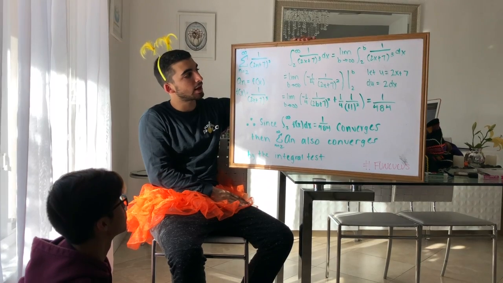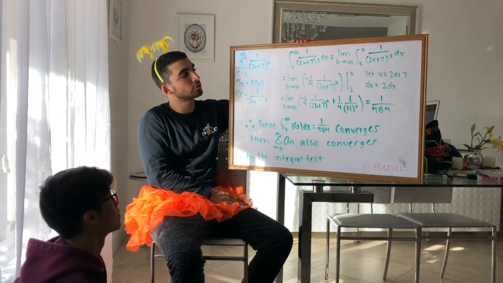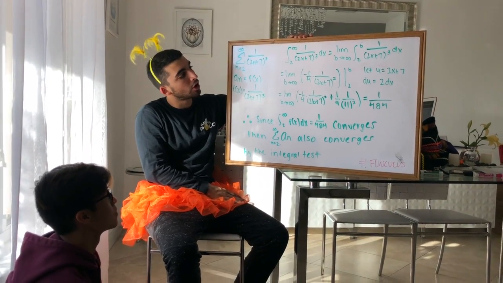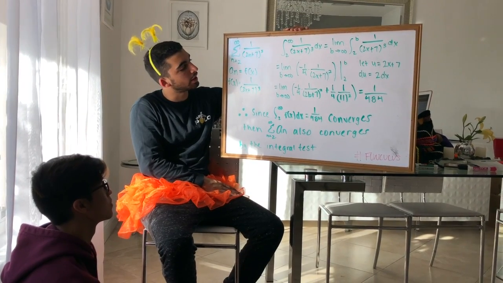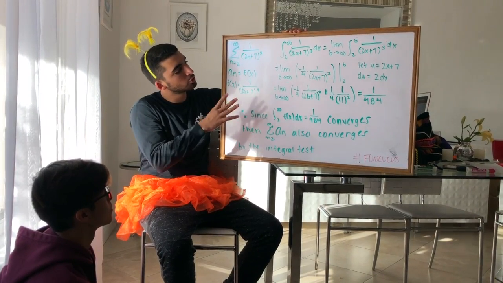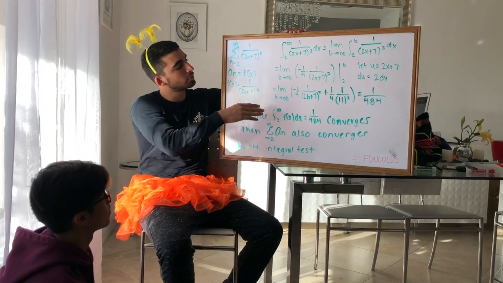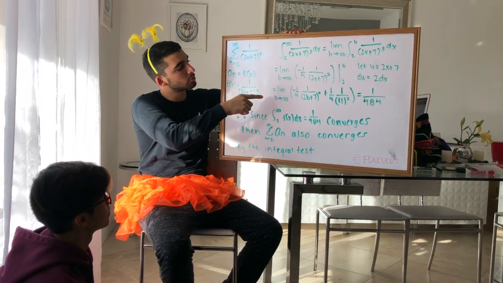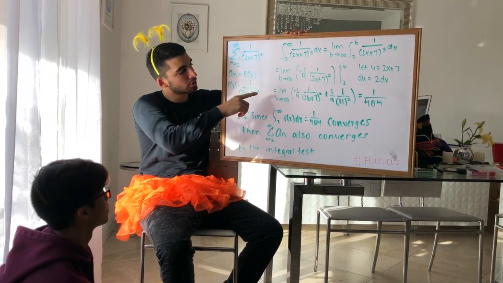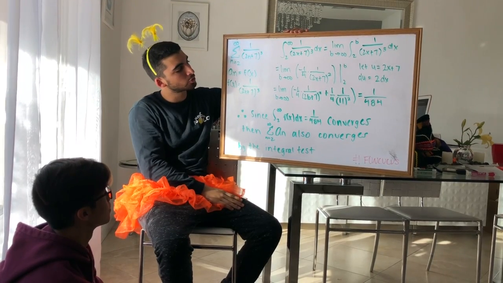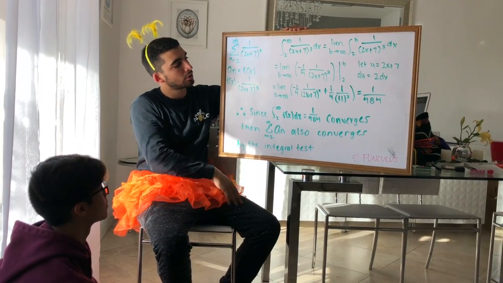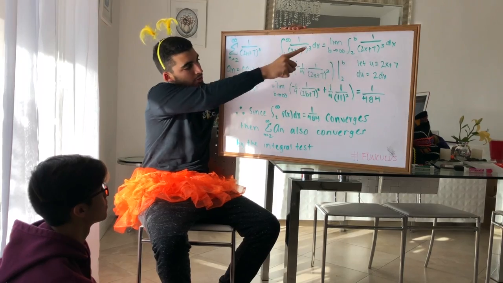So we do the limit as b approaches infinity of the integral from 2 to b of 1 over (2x plus 7) cubed dx. And then using u substitution and integration, we get the limit as b approaches infinity of negative 1/4 times 1 over (2x plus 7) squared from 2 to b.